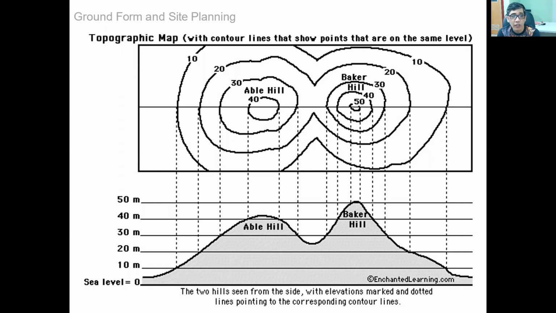So it is always in reference to the sea level. As you can see, Able Hill is approximately less than 40 meters from the sea level. So the contour line is spaced on every 10 meters.